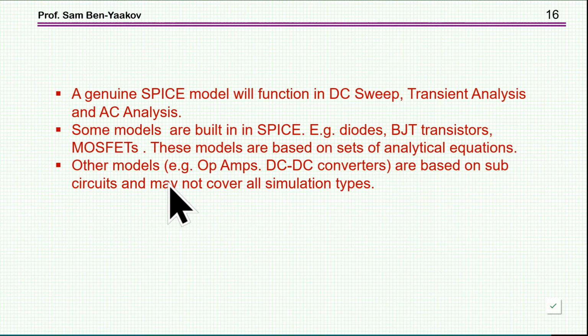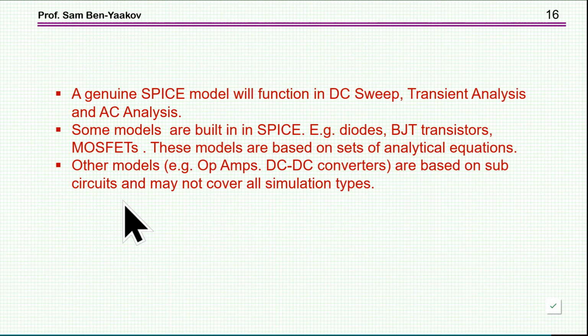However, there are other models of more complicated circuitry, for example, an operational amplifier, and they are built as a sub-circuit, meaning that you have a number of resistors, capacitors, dependent sources, etc., maybe transistors inside. You don't have the whole transistors of an operational amplifier. This is just too heavy.